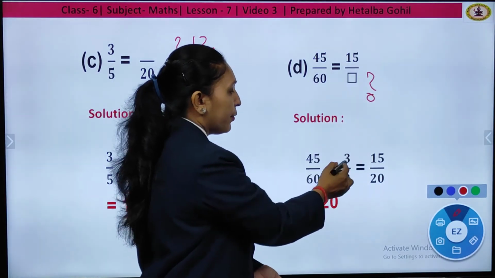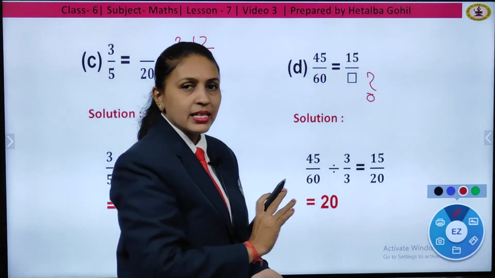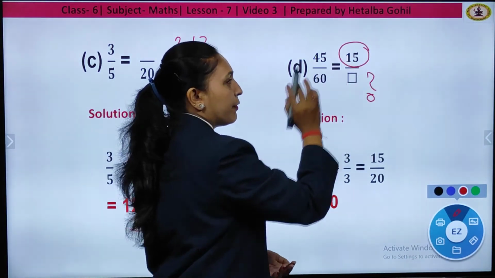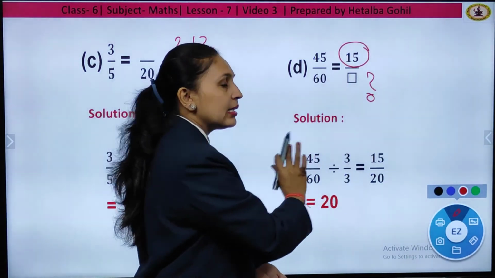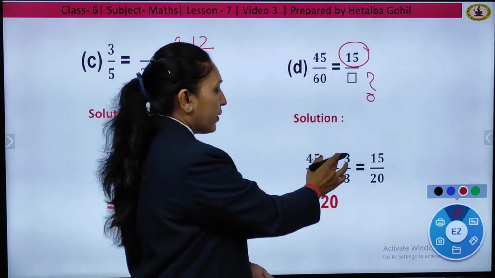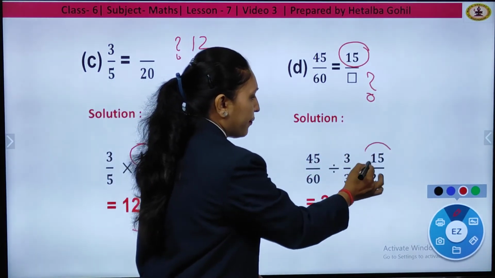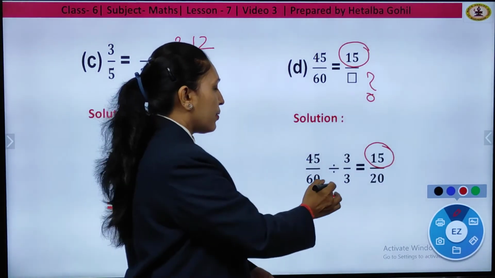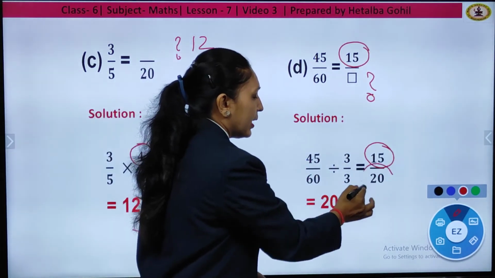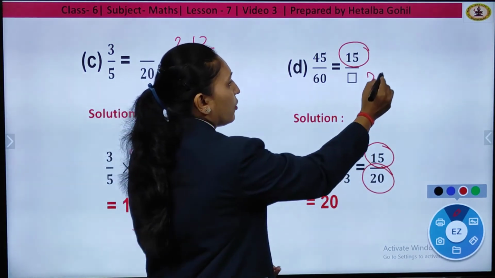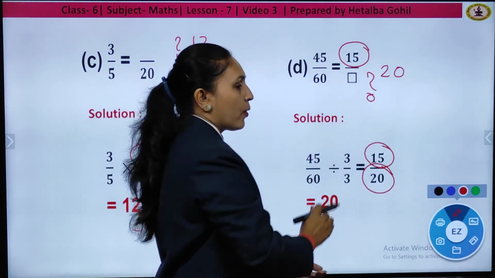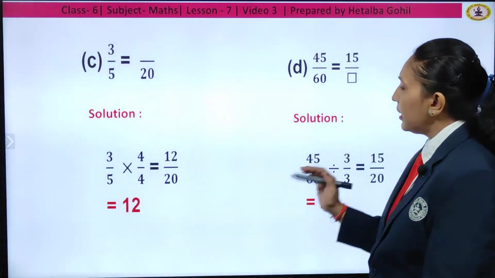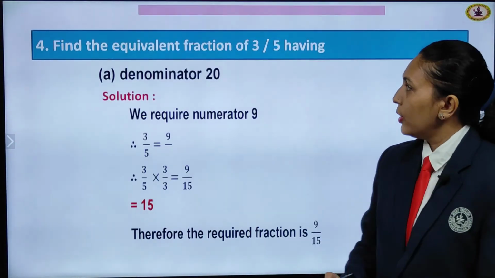You will tell me we can still go further. Yes, you can go. But according to the question we have to bring 15 only. So I have taken 3 only. When you divide 45 by 3, you get 15. When you divide 60 by 3, you will get 20. So what is our required denominator children? 20.